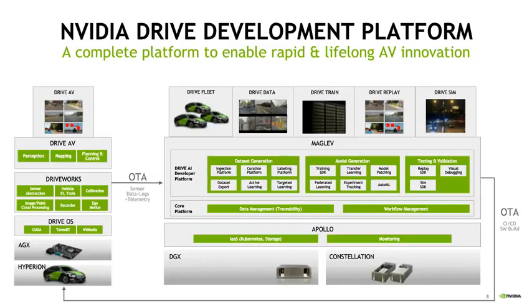On the right side, you have our data center stack, which runs entirely in a data center or on the cloud, on two base hardware platforms, DGX and Constellation. DGX is general purpose GPUs that are used to provide most of the compute power for the training and replay of models.